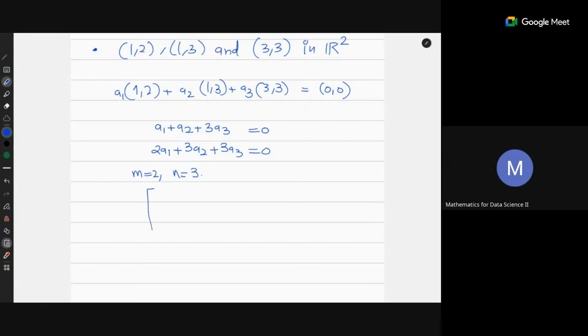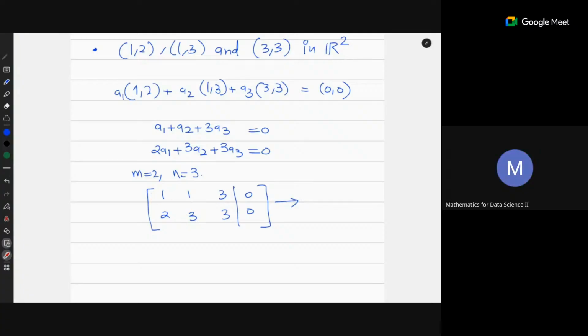If you write down the augmented matrix and convert it into row echelon form, what you will get is that it can have a maximum of two leading entries.